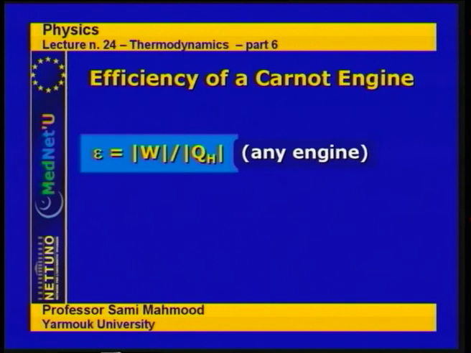If we define the efficiency of the engine in such a manner, we arrive at this formula, which tells us that the efficiency of any engine in general is the work done by the engine divided by Q sub H. Why is that? That is because from an engine we want to obtain work done, useful work.